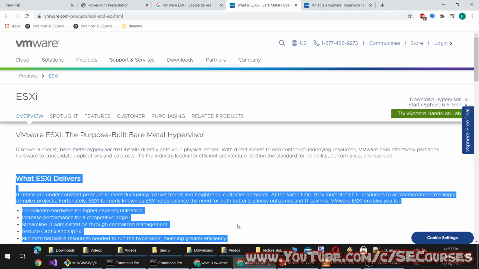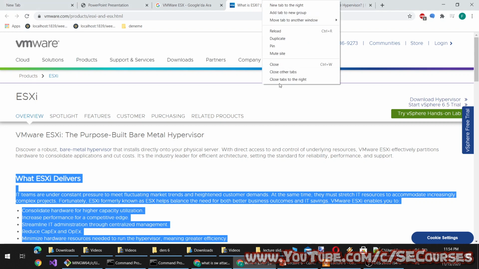Fortunately, ESXi, formerly known as ESX, helps balance the need for both better business outcomes and IT savings. VMware ESXi enables you to consolidate hardware for higher capacity utilization, increase performance for a competitive edge, streamline IT administration through centralized management, reduce CapEx and OpEx, minimize hardware resources needed to run the hypervisor, meaning greater efficiency.